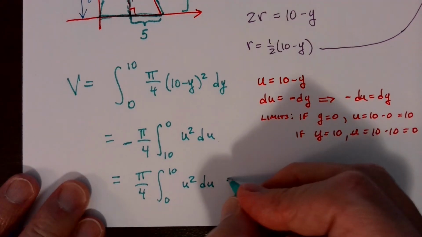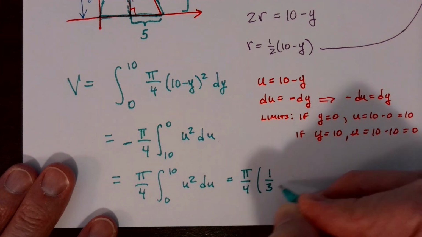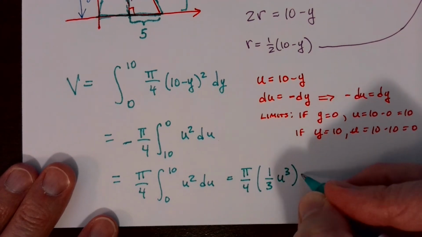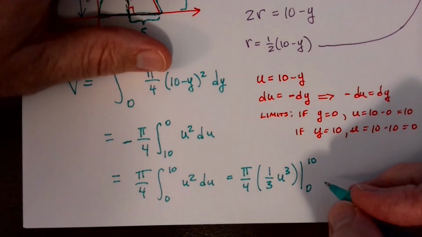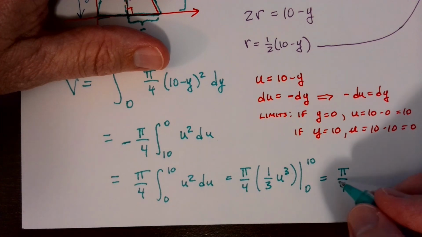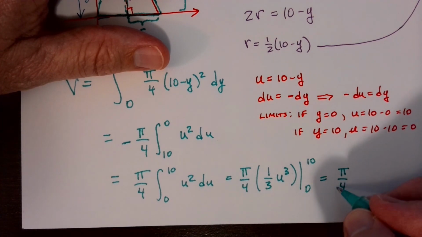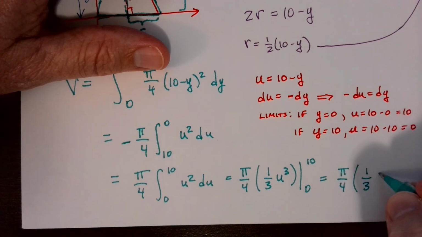And now I can find the antiderivative of u squared, which is 1/3 u cubed. And I'm evaluating that at 10 and at 0. And so I get pi over 4, or actually 3 times 4, pi over 12. Well, let's just do it this way. 1/3 10 cubed.